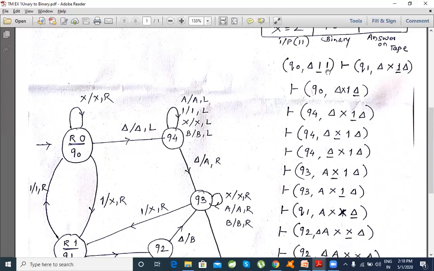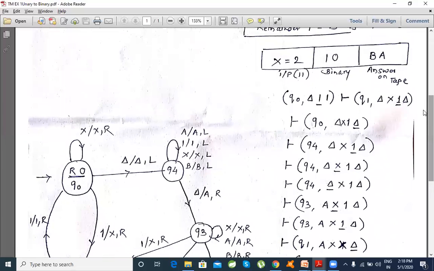So 2 ones: I'm trying to convert the number 2, represented in unary with 2 ones. And the answer I am supposed to get is BA, which stands for 10, the binary transformation of 2.